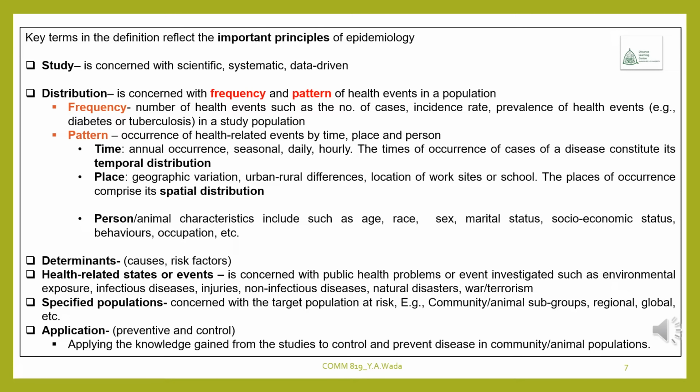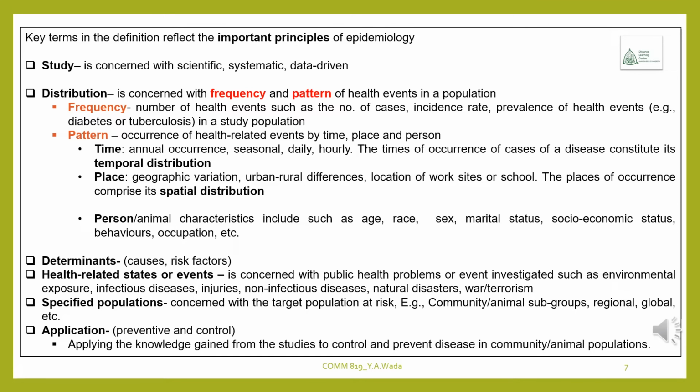Okay, while the person or animal characteristics include such as the age, which particular age group are more susceptible to the infection, the race, is it the Africans, is it the Asians, is it the Americans, and or is it the Latin Americans.